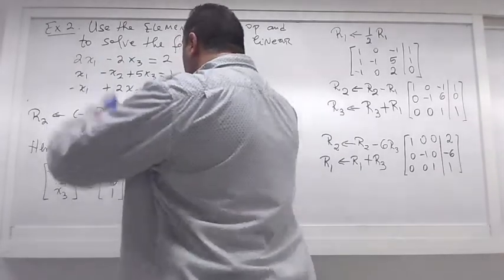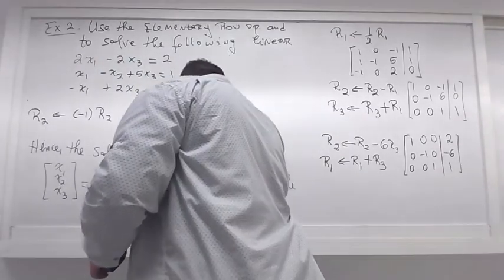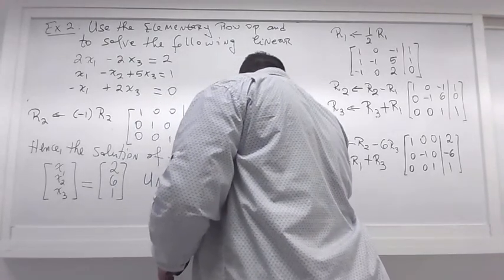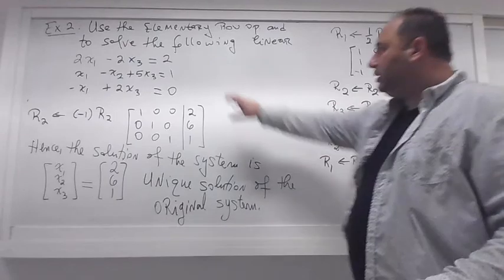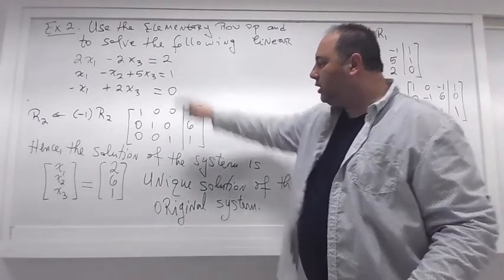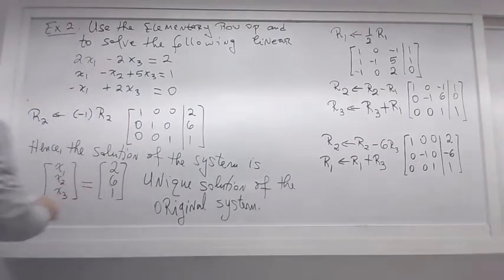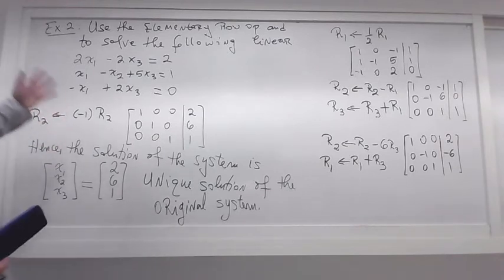Of the system from the beginning, this one. So this system has one unique solution, which is 2, 6, 1. So x1 is 2, x2 is 6, and x3 is 1. So now we are happy, everything is done.